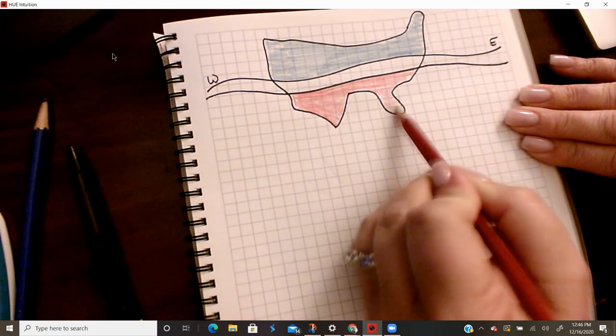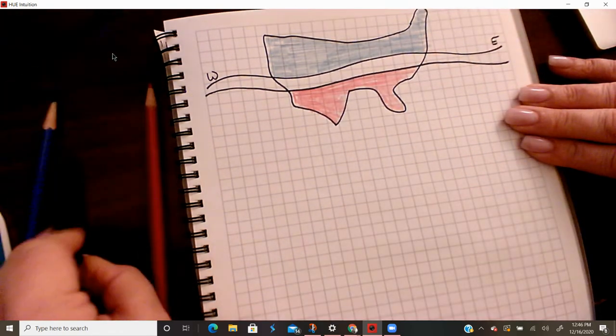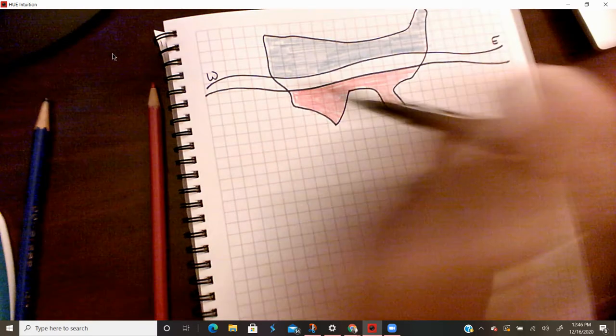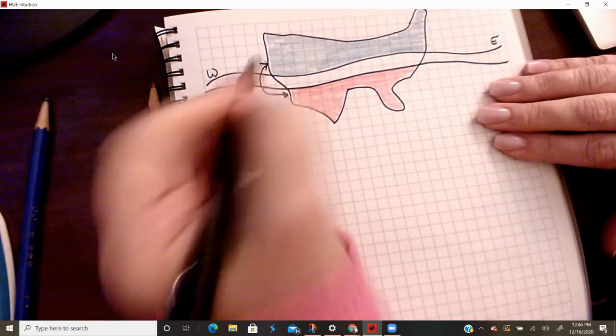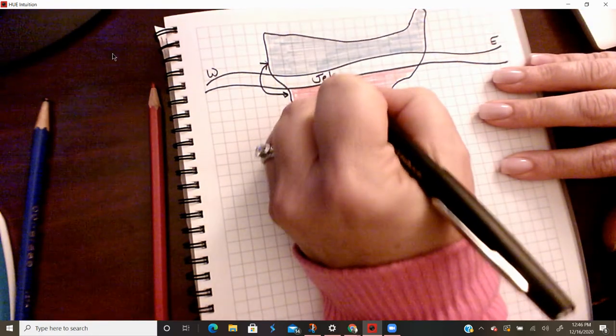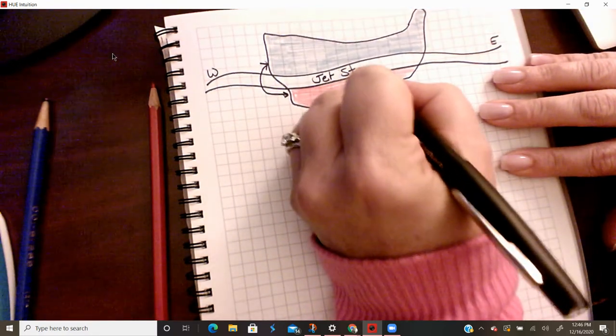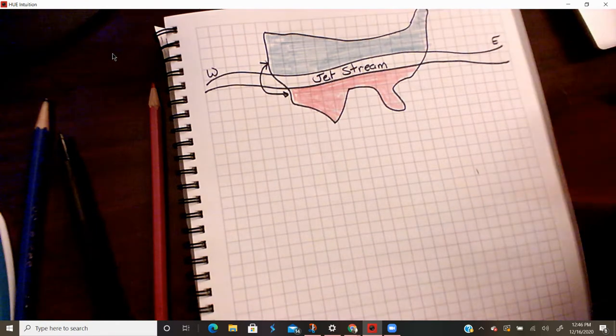And remember that when warm air meets cold air, you're always going to have fronts. So everywhere the jet stream is, underneath it, you're likely to have more rainy weather, which is why that area, we'll color it in with our gray pencil.